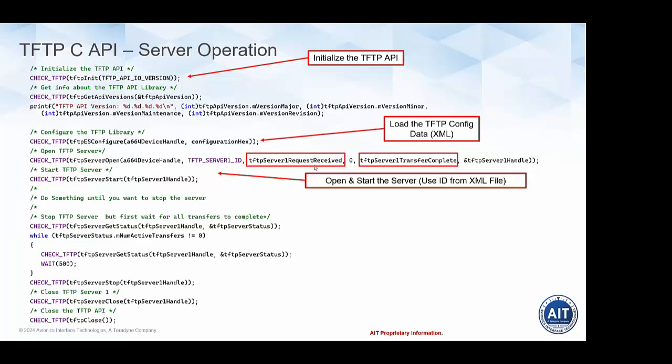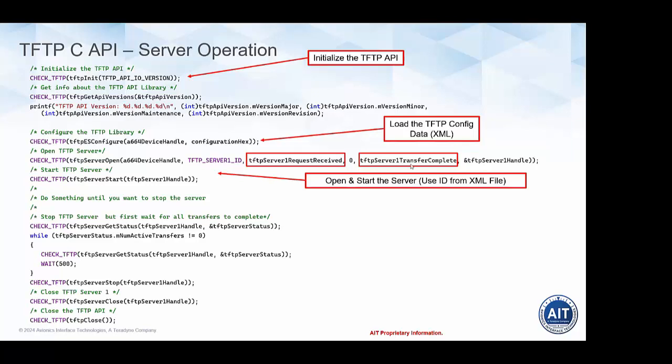So if a client contacts the server and says, I want to do a file put request, the callback function that you register here will be invoked by the TFTP library. And then your application will be able, in the return values and return parameters for that function, to indicate if it wants to accept or not that request. And it can also return information like where to put the file or where to get the file that's being requested to read or write.